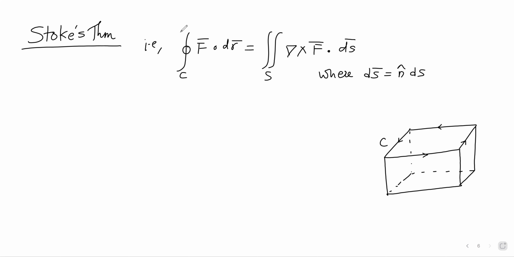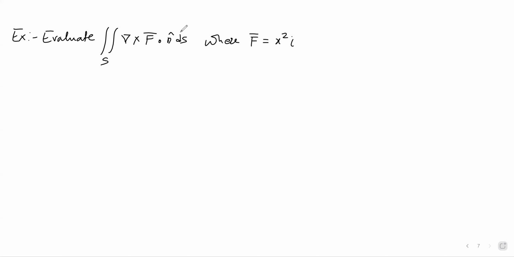So we have a nice example for the square lamina or rectangular lamina. So let's take one example. I'll just take it on the other page. Example: evaluate the double integral of del cross f bar dot n cap ds over the surface, where f bar is x square i bar plus yz j bar plus z k bar.